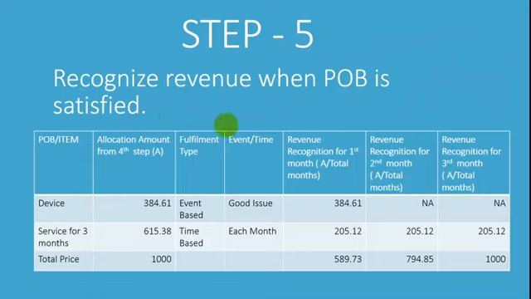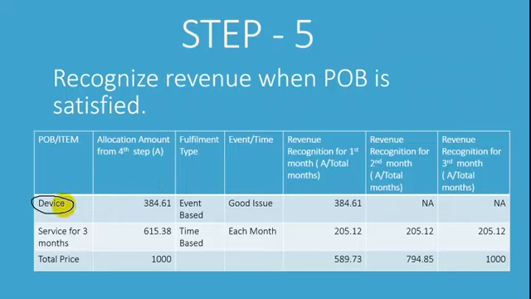Next, recognize the revenue. This is step 5, which is the last step. Recognize revenue when the POB is satisfied. Okay. So what does that mean? See what is happening. Device. We are giving the device to the customer. So once the device is given to the customer, then there is nothing left to do for the device, correct?